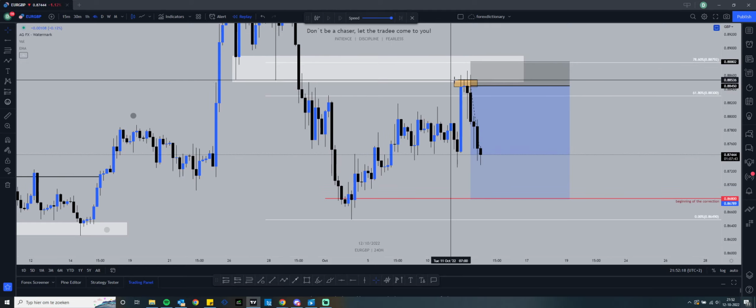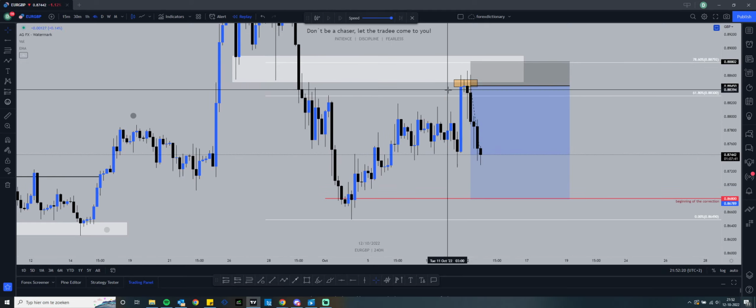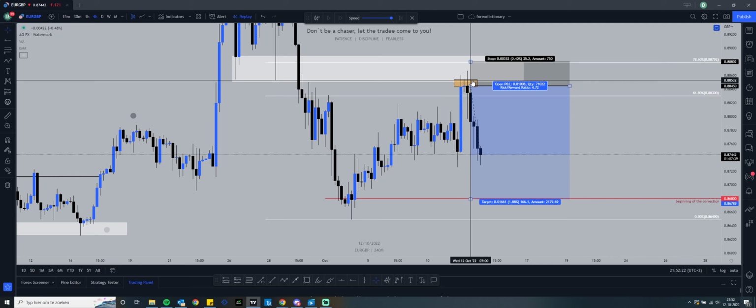You would have put an alert here. You tap the white zone, and when you tap the white zone, that's when you go to the 4 hour. Actually, to be really mechanical, you don't go to the 4 hour time frame until your daily zone has been touched. For my example, the daily zone is the white zone, then you go to the 4 hour looking for an entry.